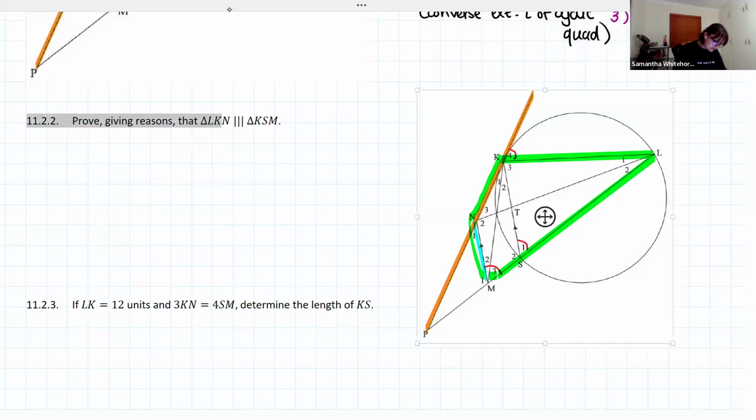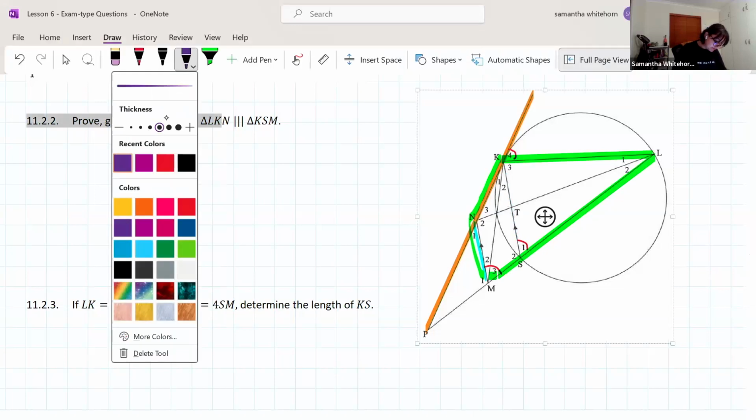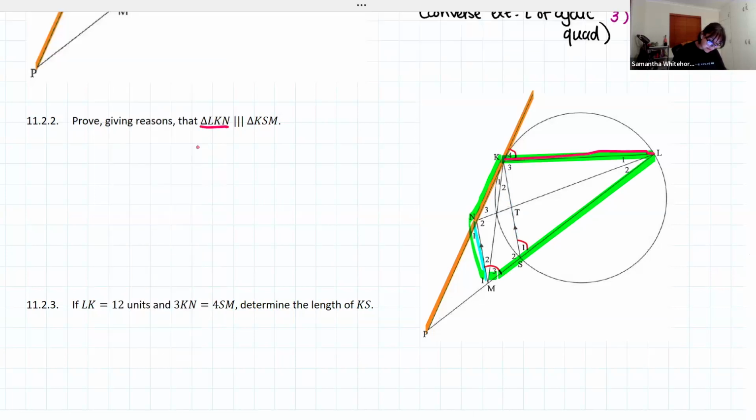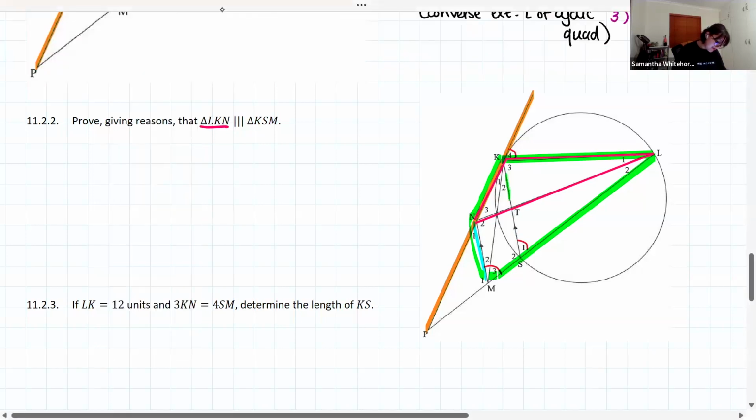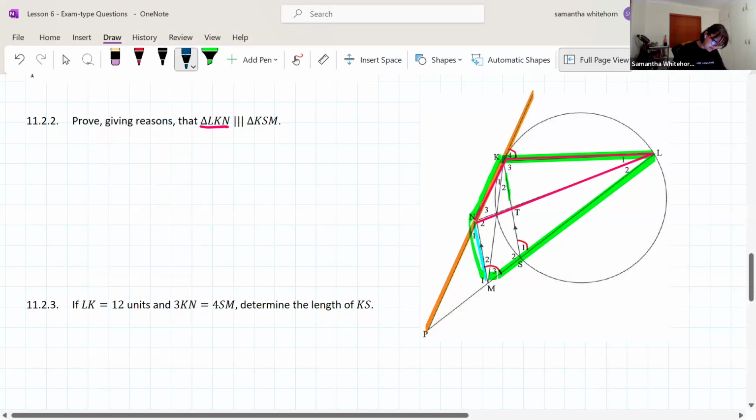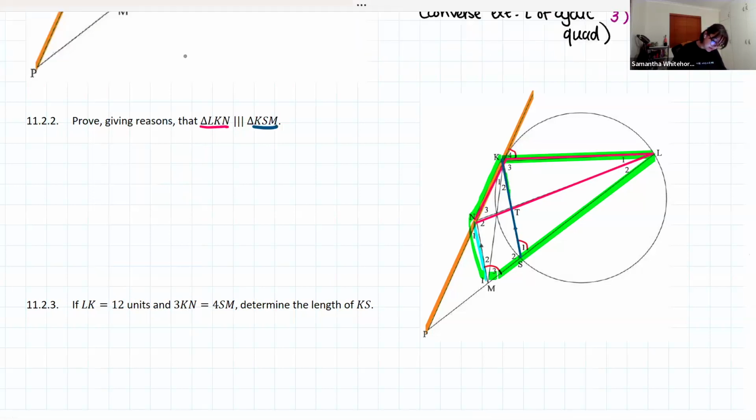LKN, in pink, this triangle up here, is similar to, in dark blue, KSM, this triangle over here.